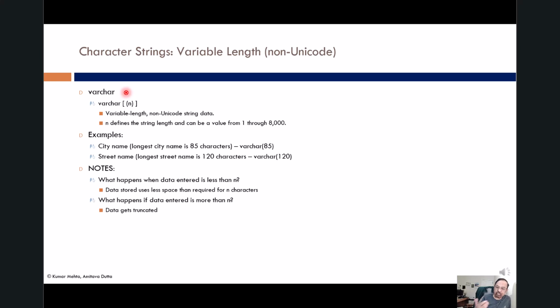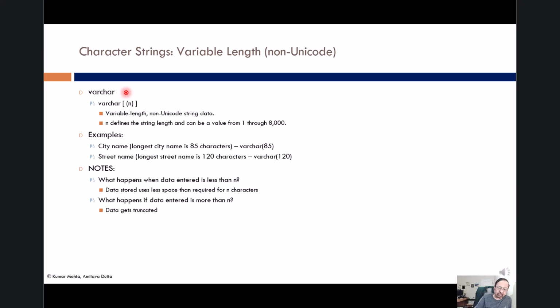I think you can guess what the difference is between char and varchar. If I tell the database management system that this particular attribute is varchar 10, variable character 10, that means I'm telling the system this attribute could consist of anything from 1 character to 10 characters.